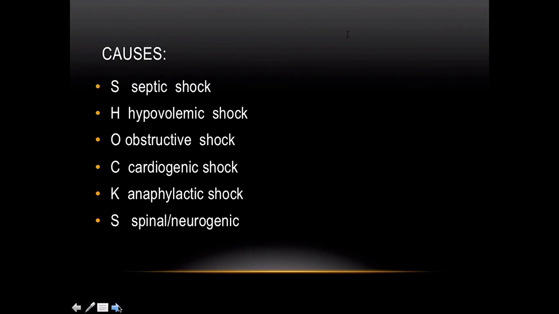So it can be septic, no? If you have a severe inflammation, if you have hypovolemia or severe blood loss or any obstructive condition, if you have a cardiac problem, an anaphylactic reaction, and spinal or neurogenic shock. So the causes of shocks are also shocks.